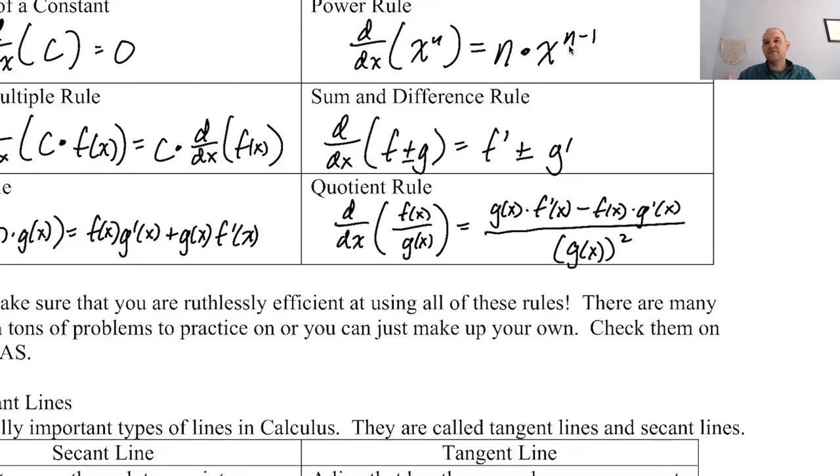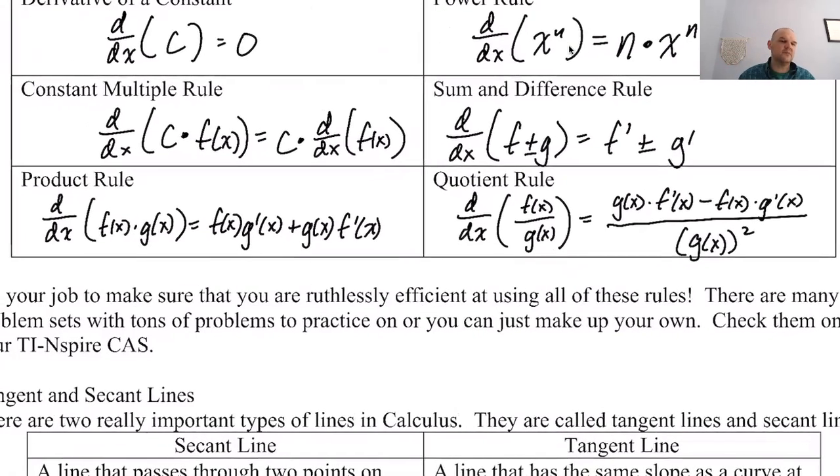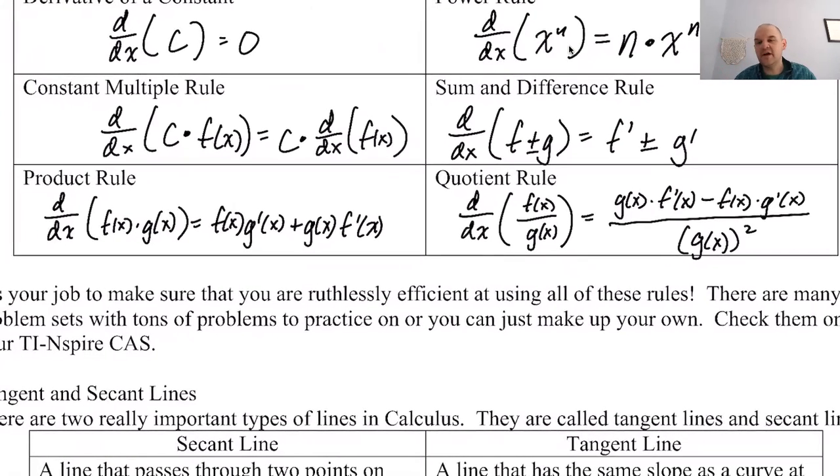Bottom derivative of the top minus top derivative of the bottom, all over the bottom squared. Say that a lot. Quotient rule has a minus with it. In general, I think subtraction is harder than addition. Division seems like it should go with minus, and then product is kind of like multiplication going with plus. However you remember it, you just got to remember them.